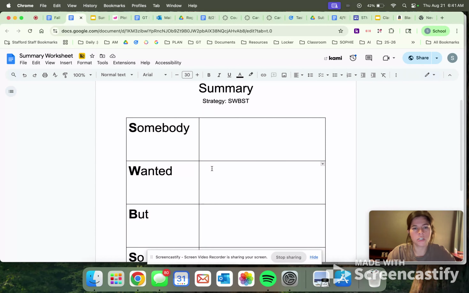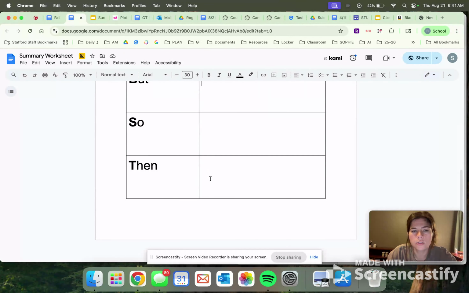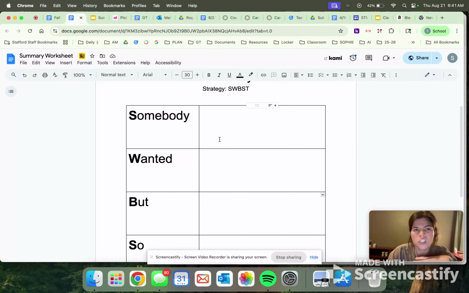Okay, I don't know what this project is. So give me examples. Okay, so be specific. You're filling in the somebody, wanted, but, so, then. When you have finished that and you read it in full, it should kind of sound coherent. It should sound like a couple sentences when you read it out together, or like a small paragraph, okay?